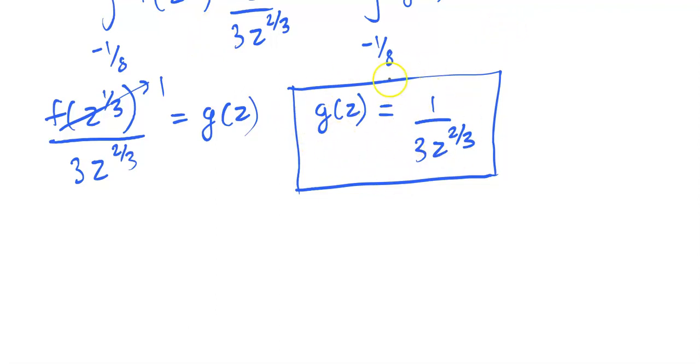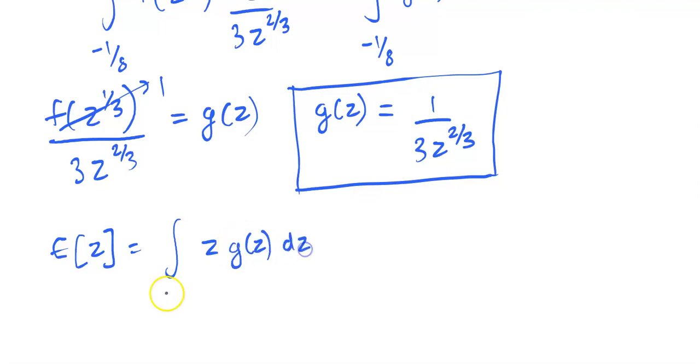To compute the expected value of z, all we have to do is again use the definition of the expected value, which is the weighted average, which is how I like to think about it. So it's the weighted average of z using g of z as the weights, and this goes from minus 1/8 to 1/8, and now g of z is what we have here.